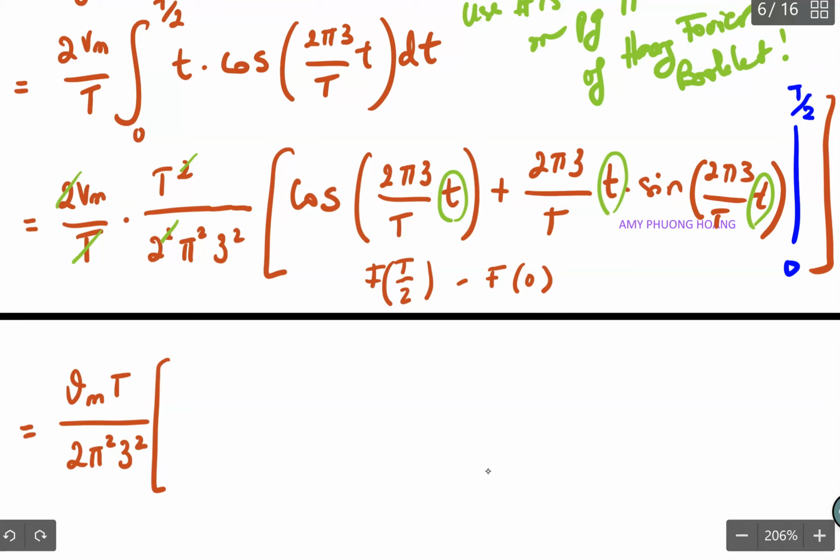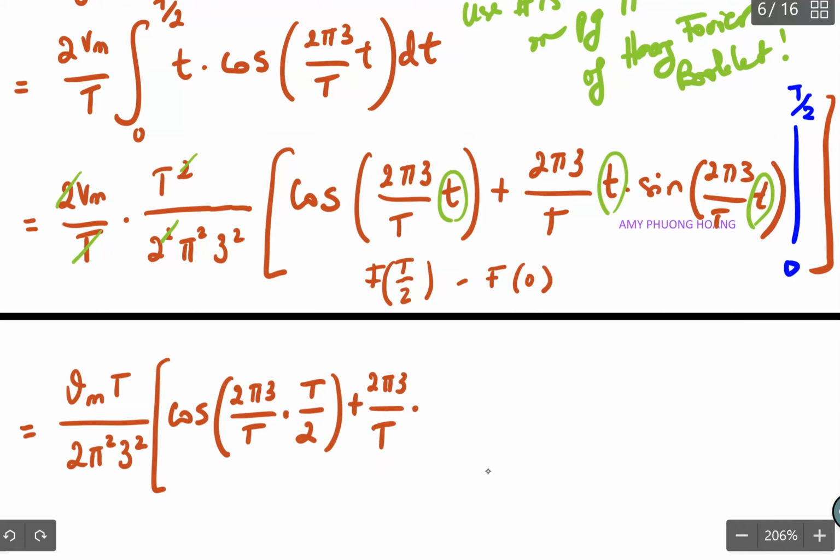So I should have this as cos, inside the argument, and you can go ahead and multiply this in if you want to. So I write 2 pi 3 over T, where the t I substitute with T over 2.